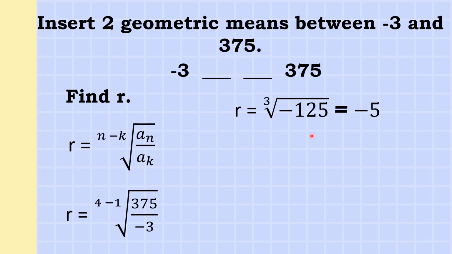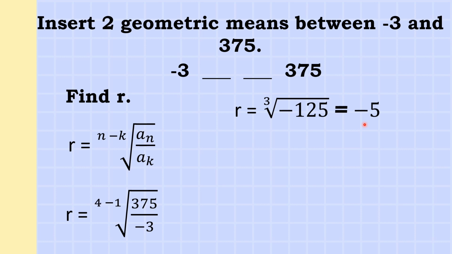In this case, if the index is an odd number and the number inside is a negative number, then the final answer is also a negative number. On the other hand, if the index is an odd number and the number inside is a positive number, the final answer is also a positive number.